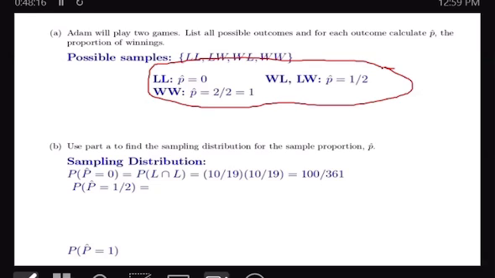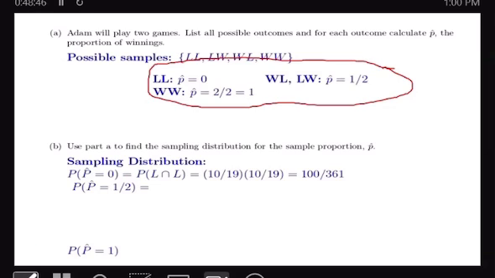When you take a look at what I have, we are talking about different statistics that could come up. He could lose both games, he could win one of them, and he could win both. Now the sample statistic varies, and that's exactly what we see.